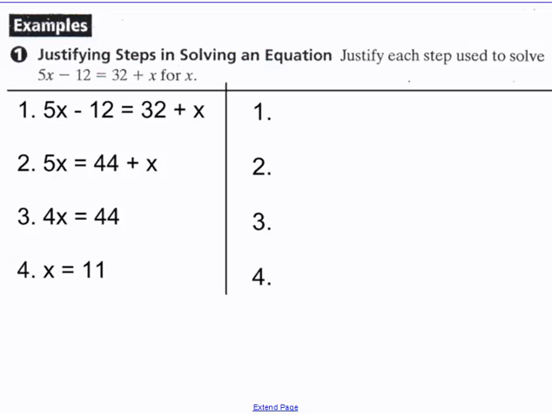So now we're moving into the two-column proofs. The other day you did just proofs and reasons that things were happening. Now we're going to stack a bunch of equations on top of each other and start our two-column proofs. So in the directions, it says justify each step used to solve 5x minus 12 equals 32 plus x for x.